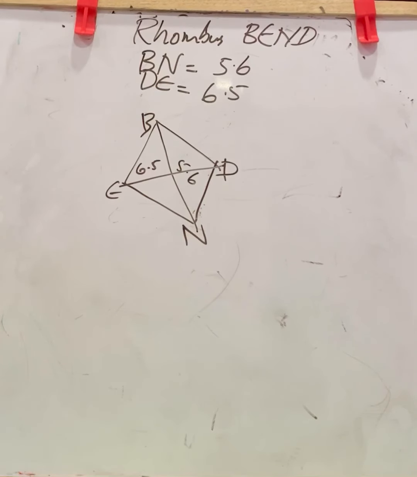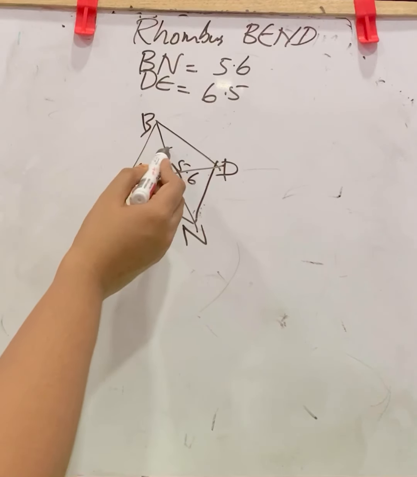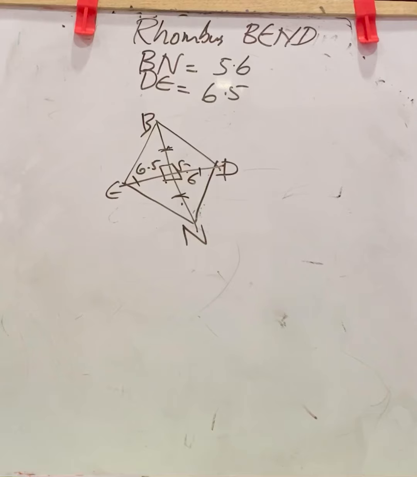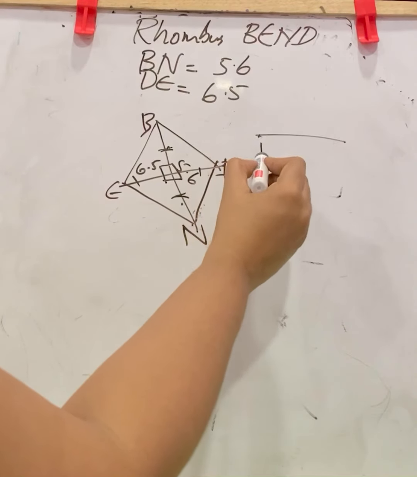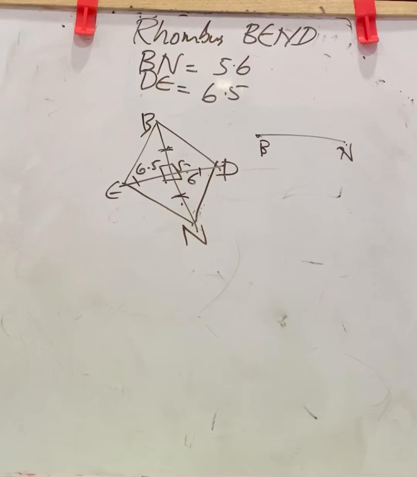But we know a property of the diagonals of a rhombus. That is, rhombus diagonals are perpendicular bisectors of each other. That is, here we have 90 degrees. Also, it will be a bisector, that is, this length and this length will be equal. So first we will draw the diagonal BN. After that, we can find the midpoint of it.